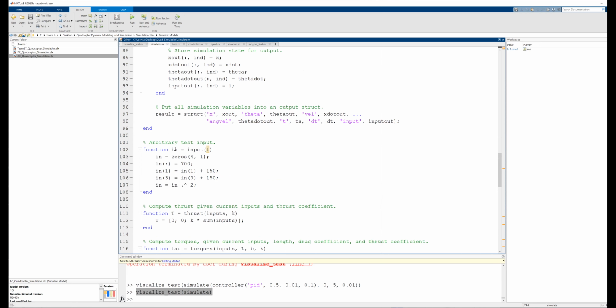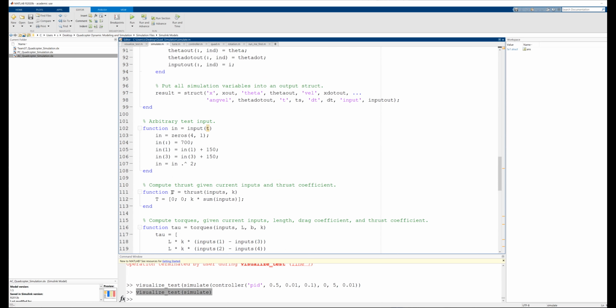And if you go down, let's look at it step by step. So this is just an arbitrary input. If there is no controller, you are checking the input value. And then this is the input. Then these are the values of the thrust from the basis of input. So 0, 0, there is no thrust in z direction. There is no thrust in y direction.